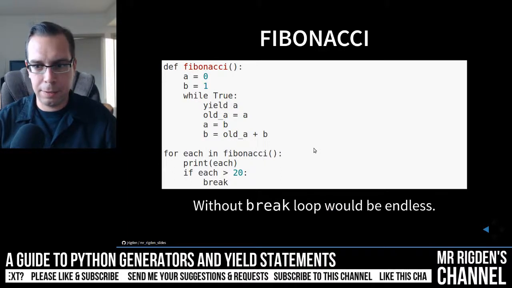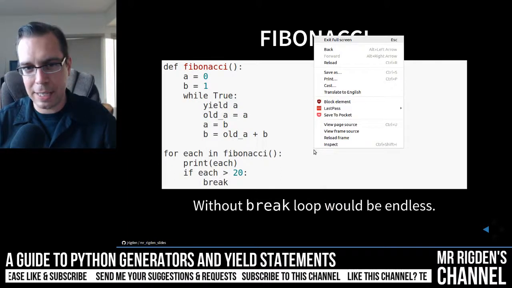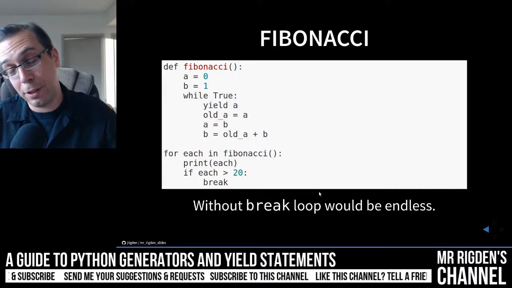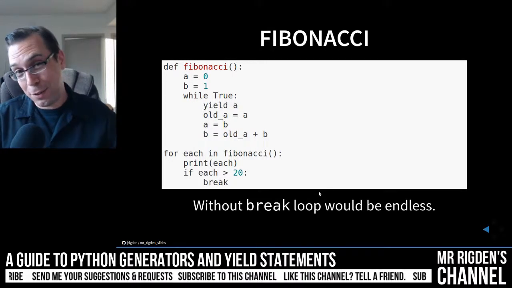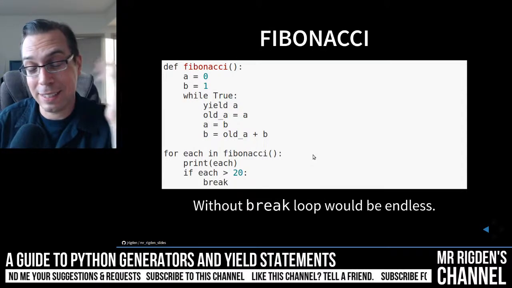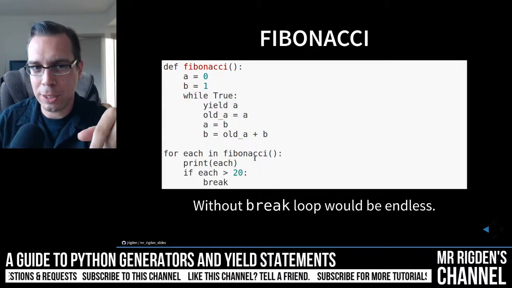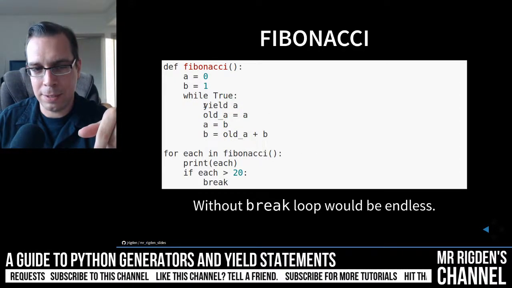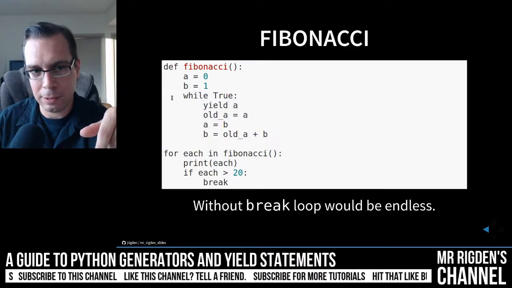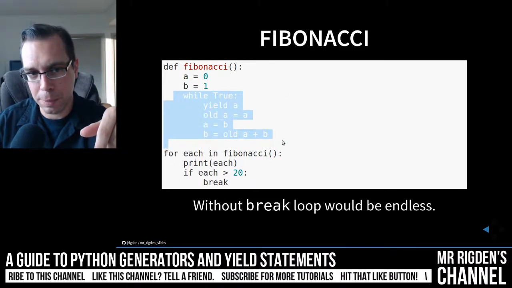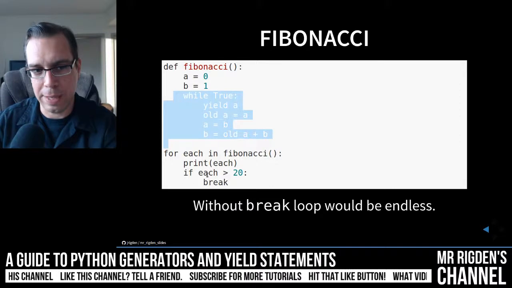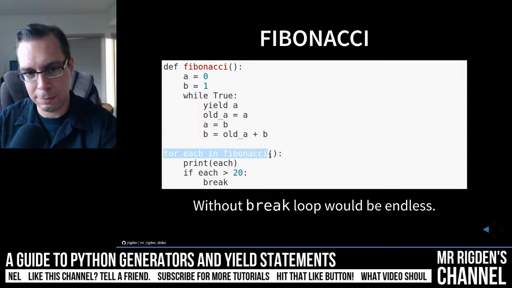I don't have an example here, but you can look up any Fibonacci sequence, so it doesn't really matter what it looks like. But we can step through it. Each time, this while is basically going to be a loop. It's going to continuously go through each time you iterate over this for loop.